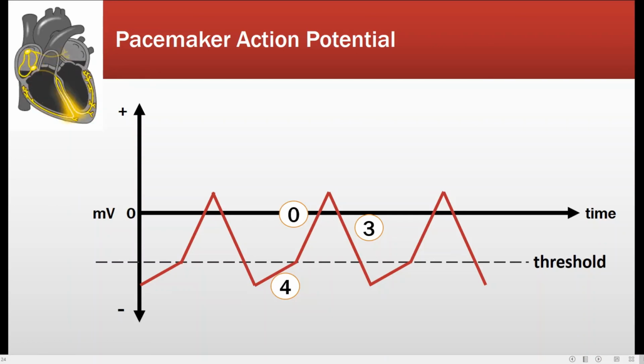So at the sinoatrial node, potassium permeability can be further enhanced by vagal stimulation. So this has the effect of hyperpolarizing the cell and reducing the rate of firing. And sympathetic stimulation has the opposite effect, of course.